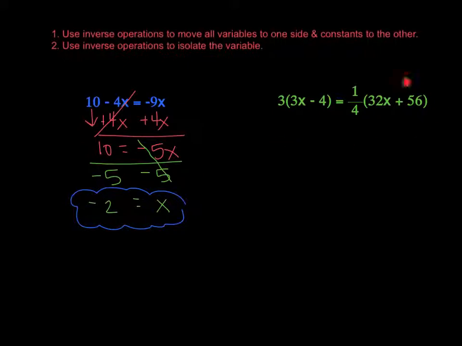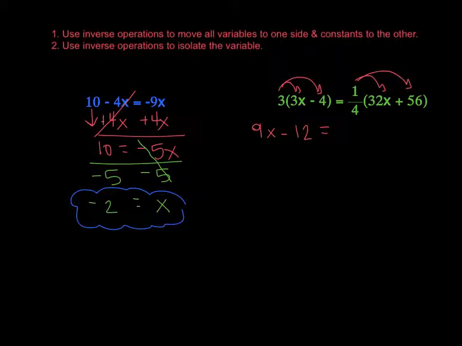If you look at this second one, this is a little more messy. So let's go ahead and look at it as well. So the first step here, I have distribution occurring on both sides. I know that because I see parentheses. So I'm going to distribute my 3 on the left, and I'm going to get 9x minus 12 equals, then I'm going to distribute my 1/4.